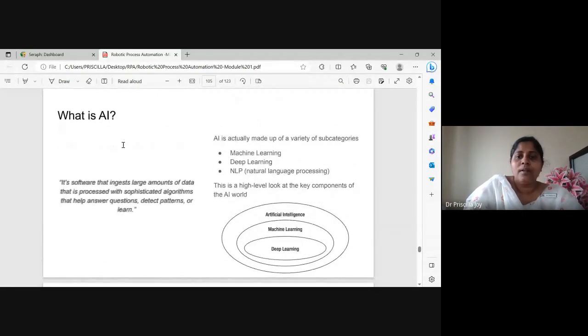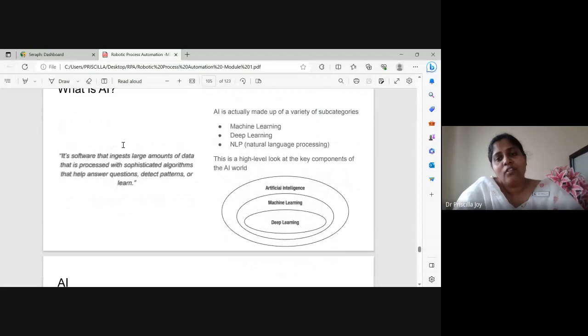For example, it has a variety of subcategories like artificial intelligence, then machine learning, as well as deep learning. So, when we take machine learning into account, in RPA we'll be using two kinds of bots, right? One is training with the help of attended bots as well as unattended bots, and intelligent bots.